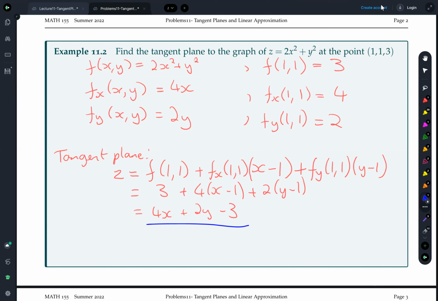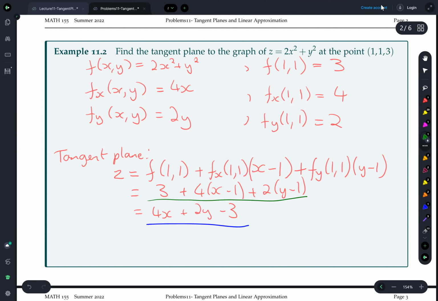But when we go into linear approximations, it's generally best to keep it in this earlier form here. The reason being that when we're doing a linear approximation, we're starting at this point, which gives us a function value of 3, and then we're moving a little bit away from it. By definition, that means that the x and the y are going to be very close to whatever the point is here.